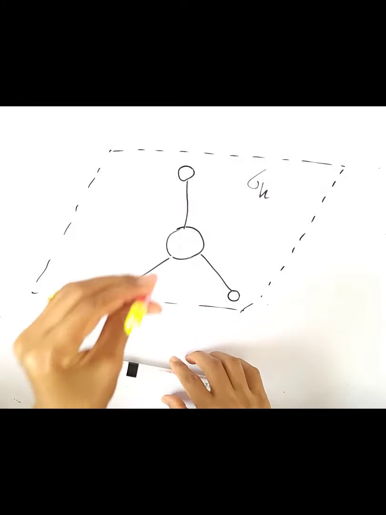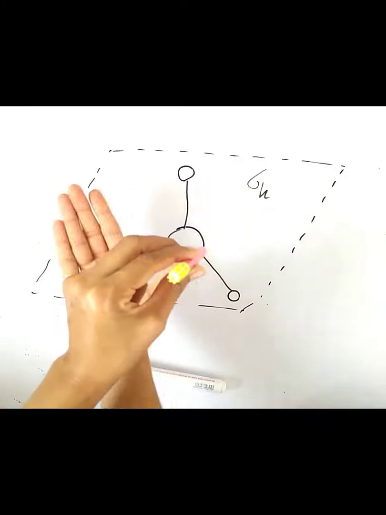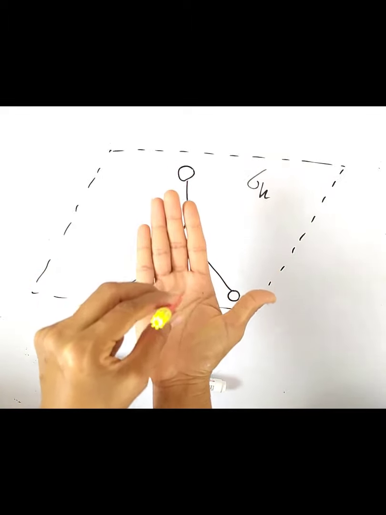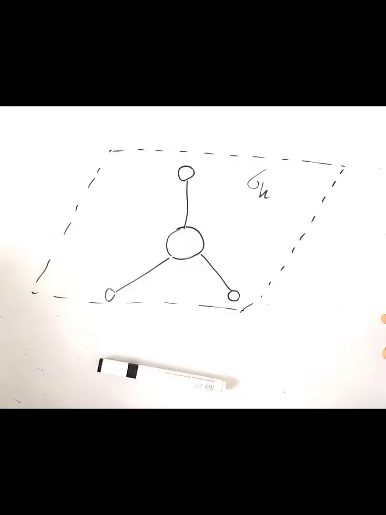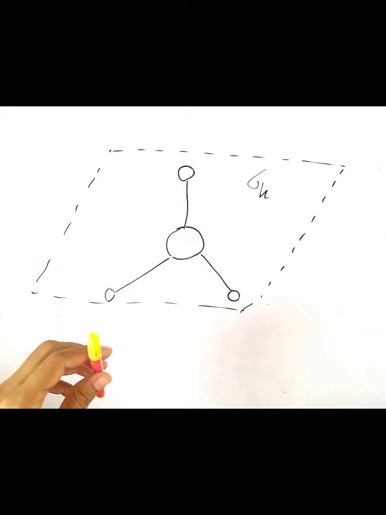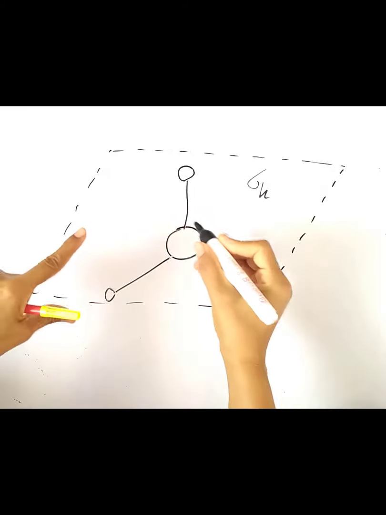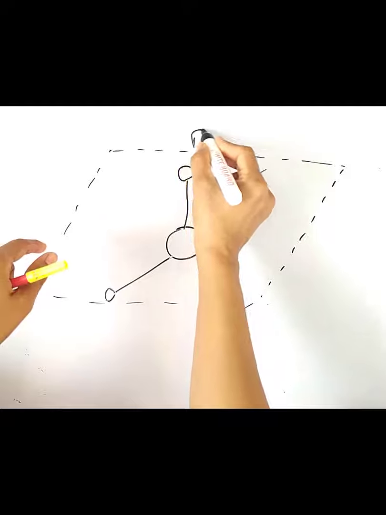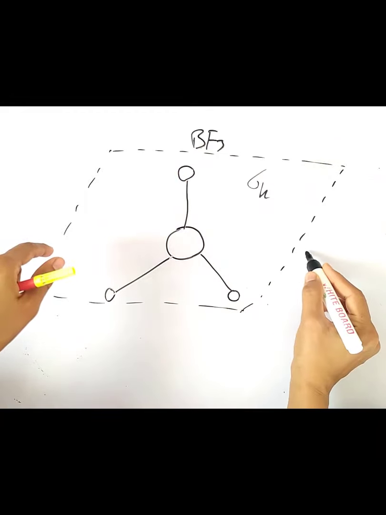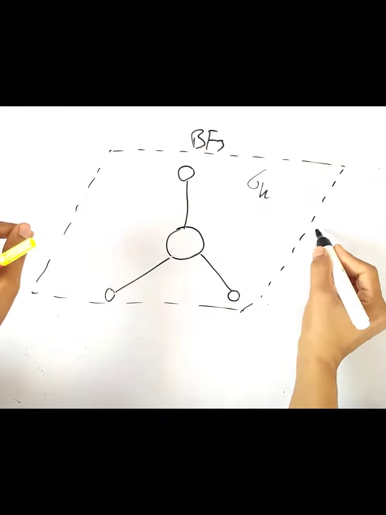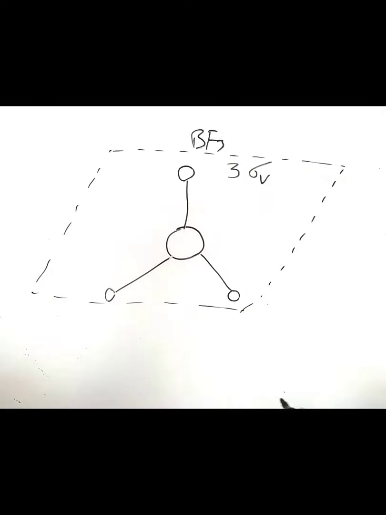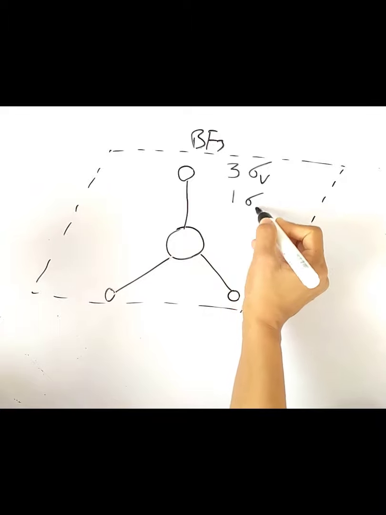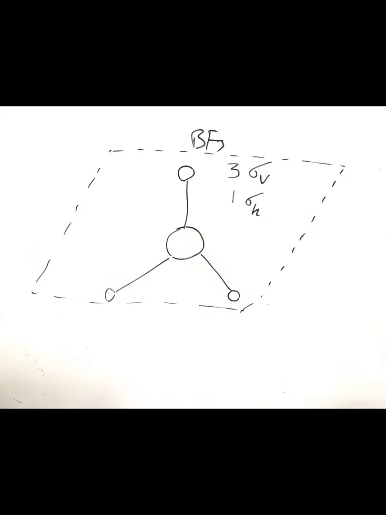Because here the principal axis and the plane are perpendicular to each other. Hence this plane is called the horizontal mirror plane. Again I am repeating all the four planes, or how many planes we have got in the BF3 molecule. We have got 3 sigma V's and we have got 1 sigma H.